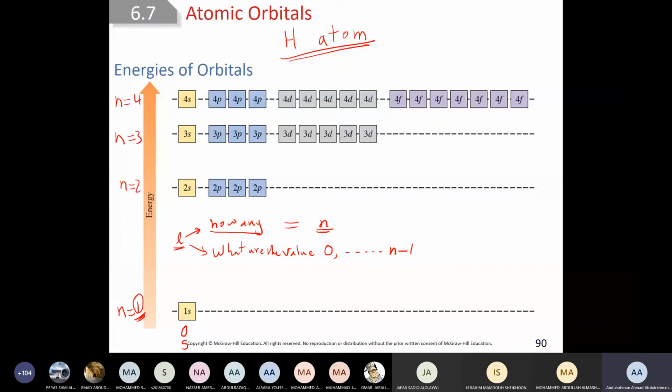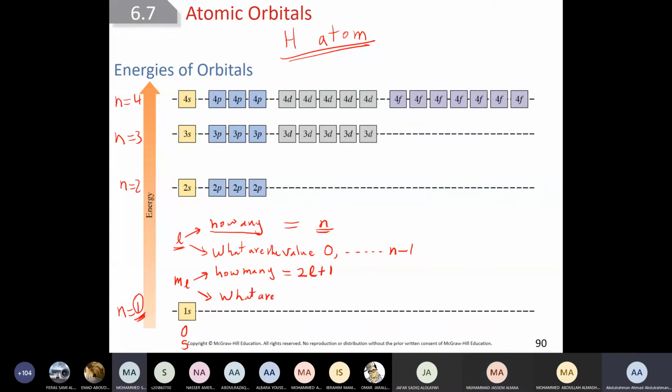Now, what is the value of ML here? Again, if I want ML, 2 questions. How many? The answer is always 2L plus 1. And what are the values?